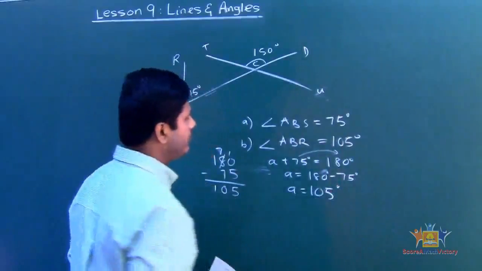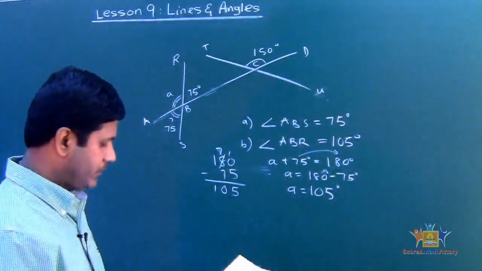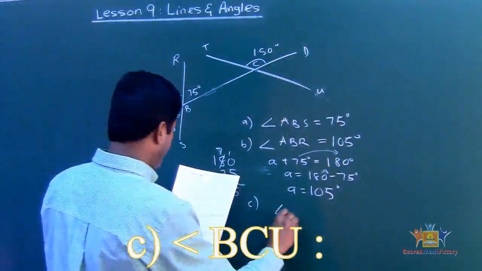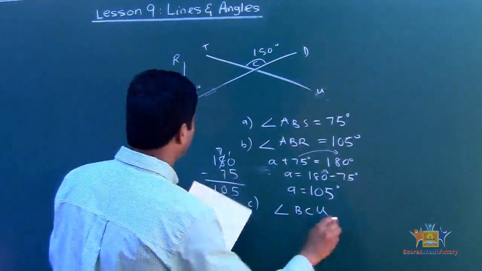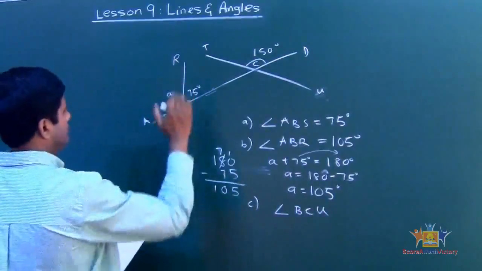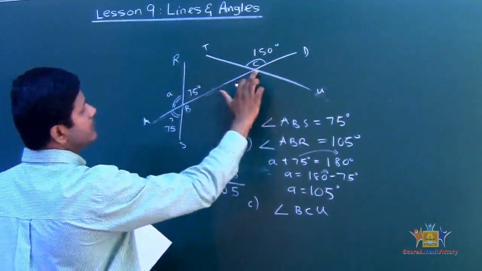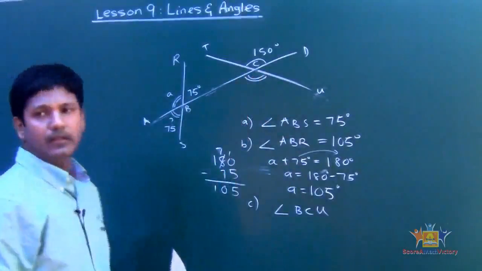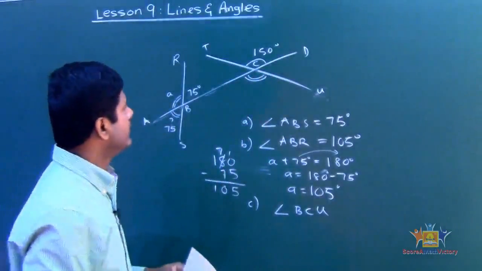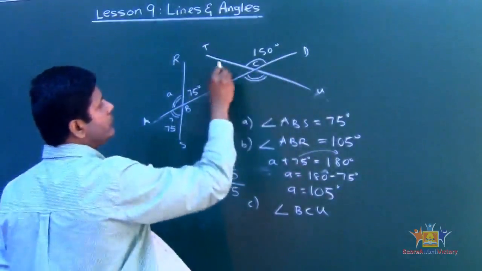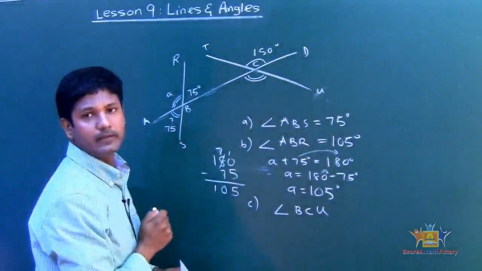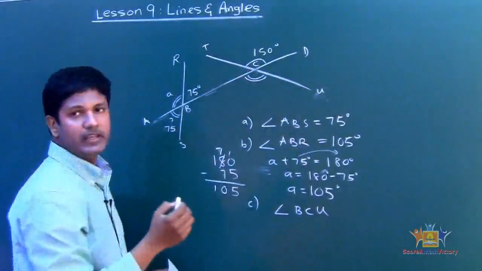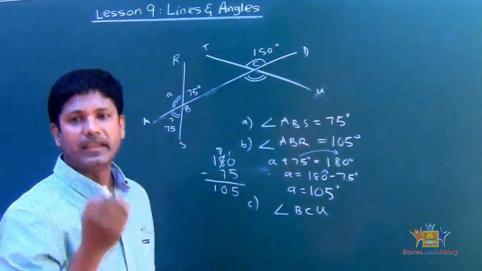Very important. Now let's look at problem C. Problem C says find the angle BCU. We're looking for this angle. Look at that, you have two intersecting lines. When they intersect, the vertically opposite angles are identical.